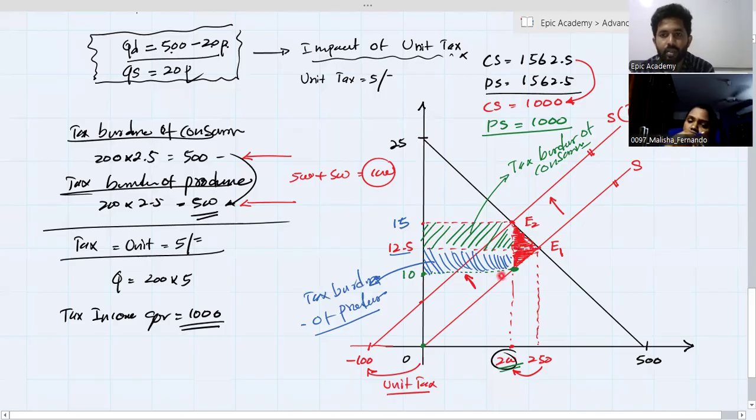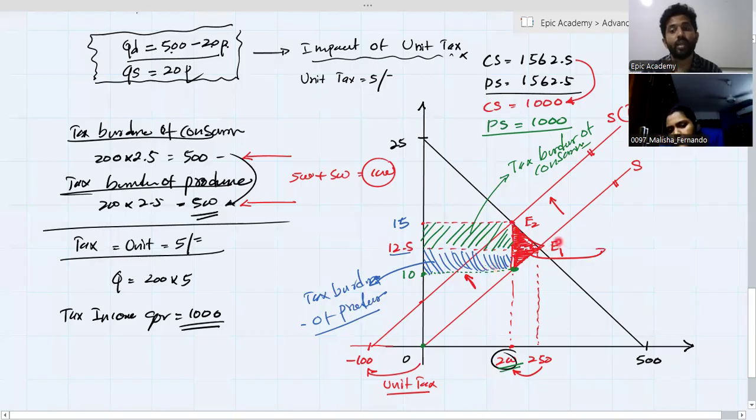So what happened to this area? Is there any owner? No. This belongs to the consumer surplus. This belongs to the income of the government. But what happened to this triangle? There are no owners.